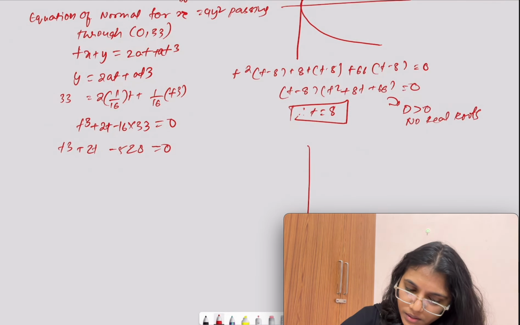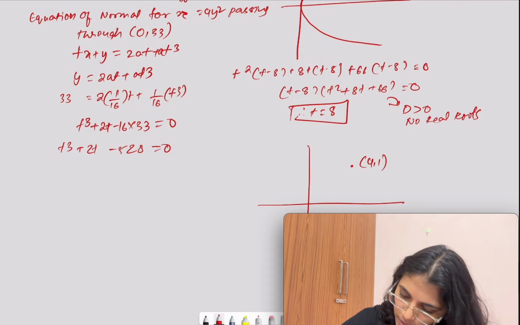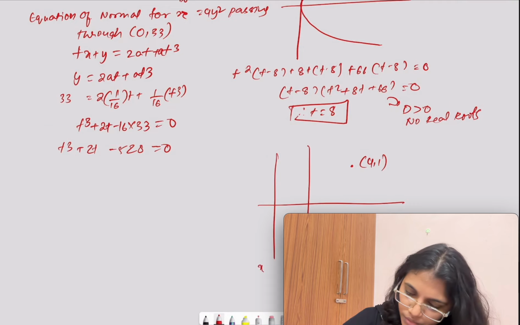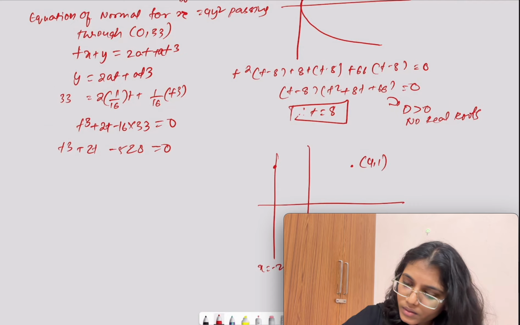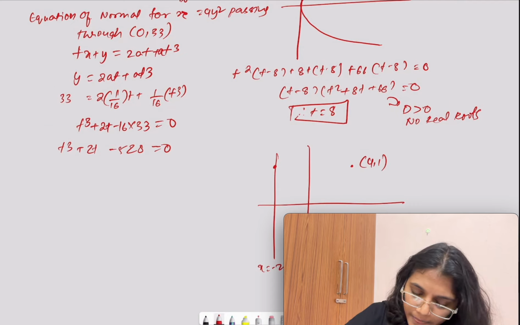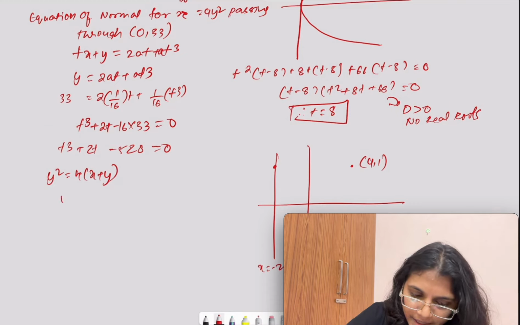Now let us understand by diagram. This is a parabola. Somewhere we have the point 4 comma 1. So y squared is equal to 4 into x plus y. This will be the second parabola. So y squared minus 4y is equal to 4x.